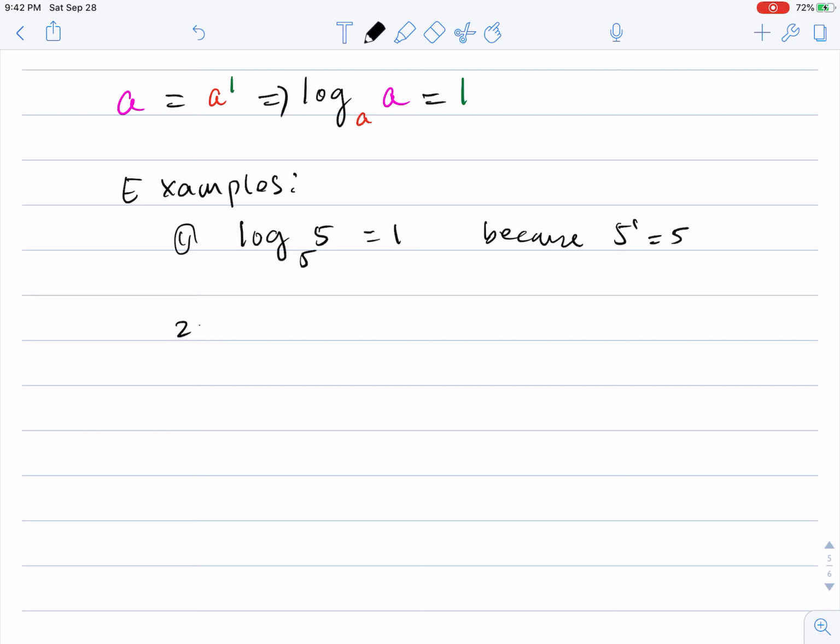Number 2 is logarithm of 10. Again, pag walang base, i-assume natin na 10 siya, di ba? So 1 pa rin yan because 10 to the first power is equal to 10.